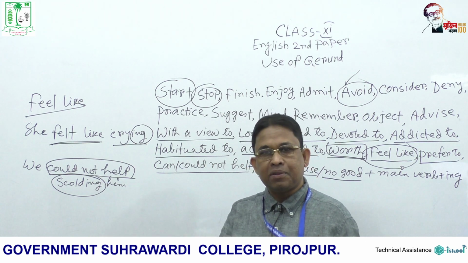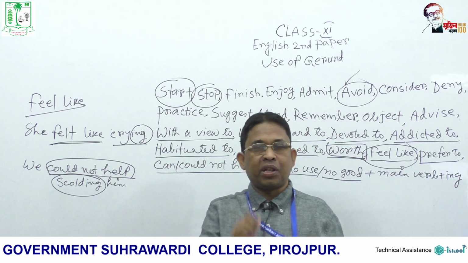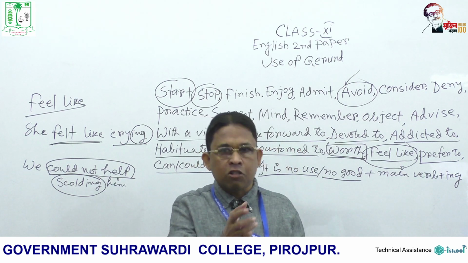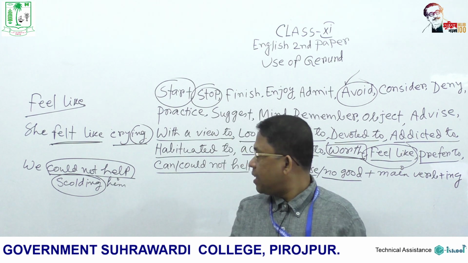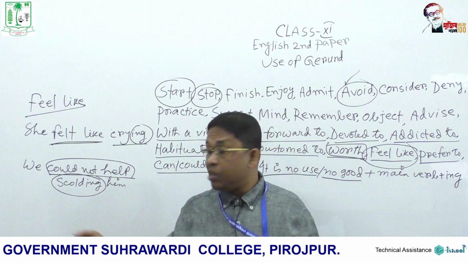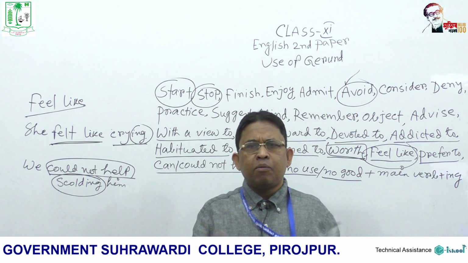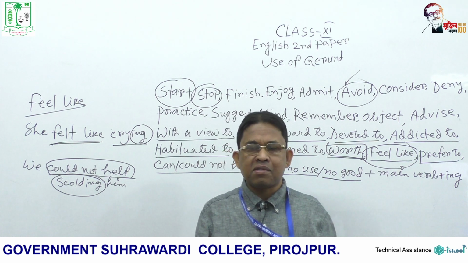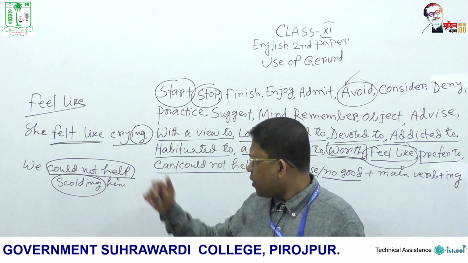Could not help. Kichu na kore thakte na para. We had to scold him. We could not control ourselves but scold him. Okay, so we could not help scolding him. And in this way, by using this phrase, you can make a lot of powerful sentences, if you can understand the use of this phrase.